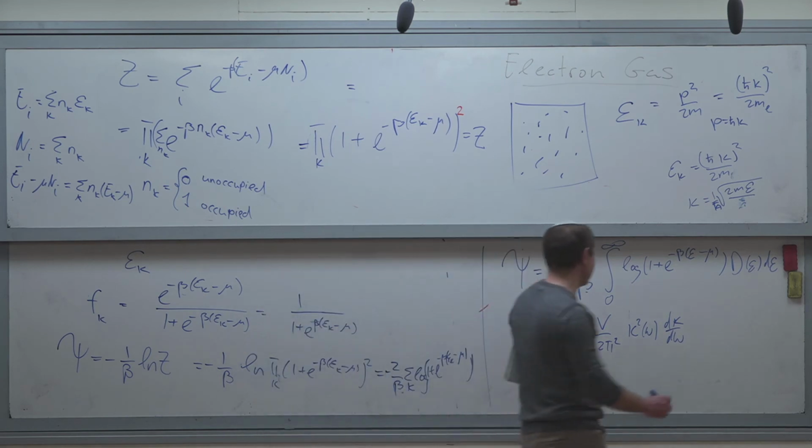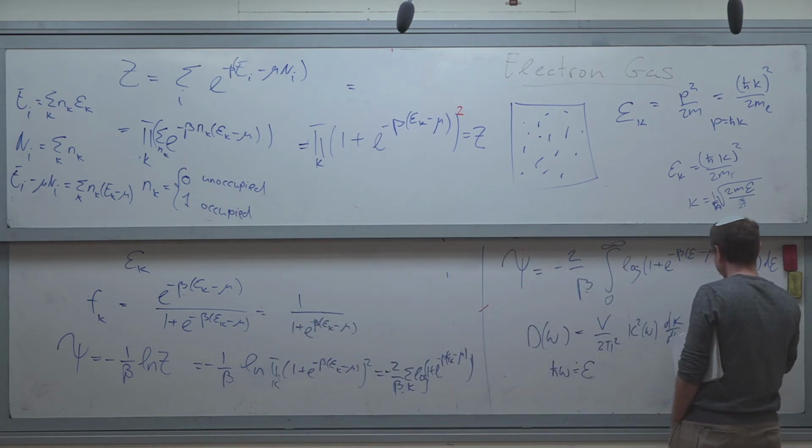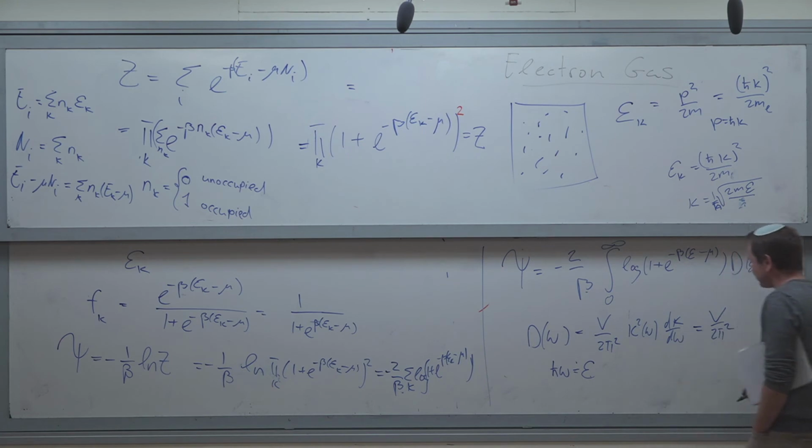So eventually we need to stick everything inside. What do we get? We get V divided by 2 pi squared. K squared is 1 over h bar squared multiplied by 2m epsilon.